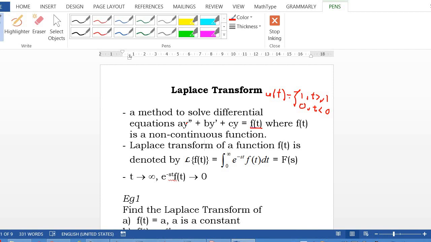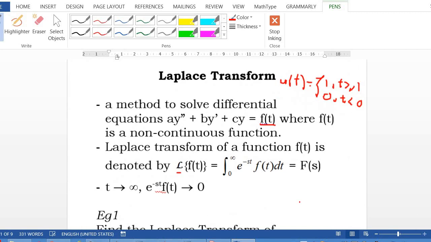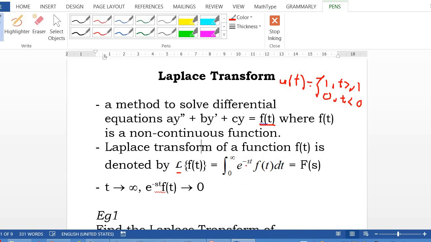So what is the Laplace transform? Laplace transform of function f(t) is denoted by this special symbol L, and then the curly bracket, standing for Laplace transform of a function f(t). By definition, it is given by the improper integral, because we integrate from 0 until positive infinity, of exponent negative st, where s is a parameter, then f(t).